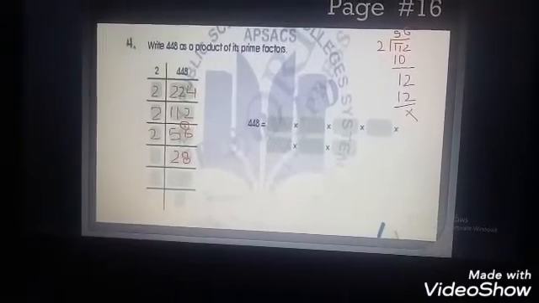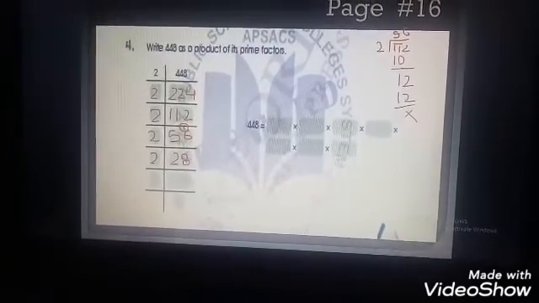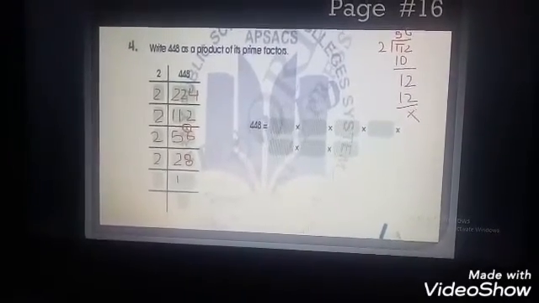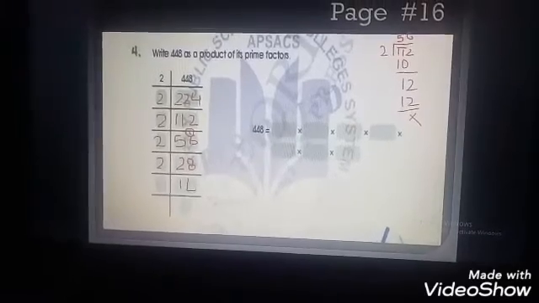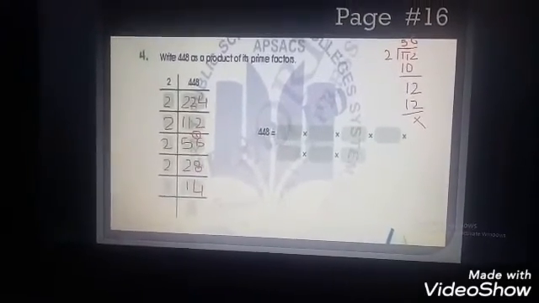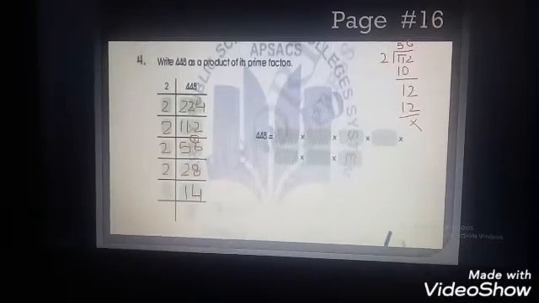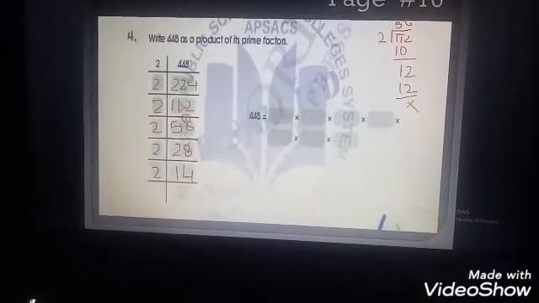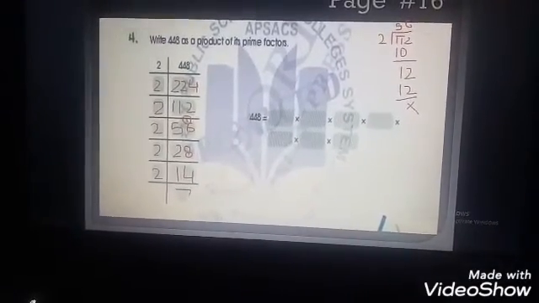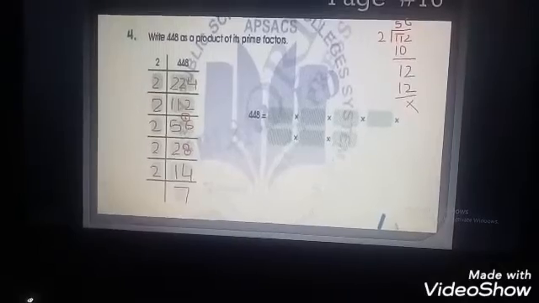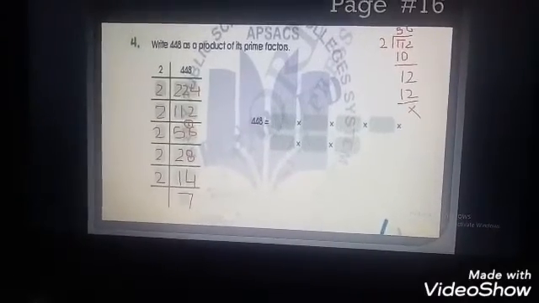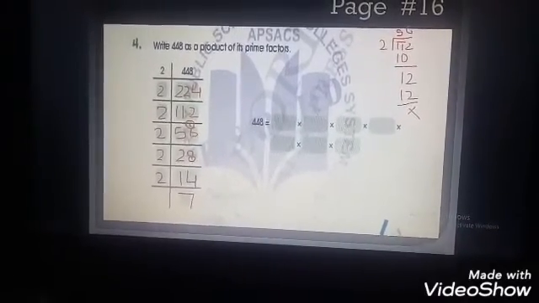Now again the even number, 2 1s are 2 and 2 4s are 8. Again the even number, 14 is again an even number, so you can choose 2, 7s are 14. So students, 7 is a prime number.